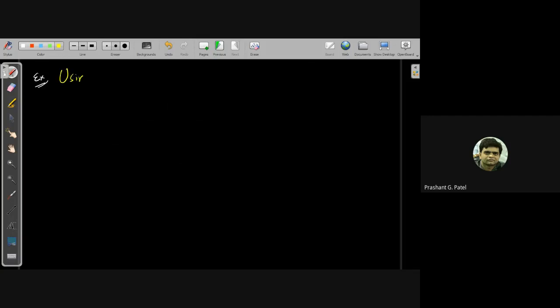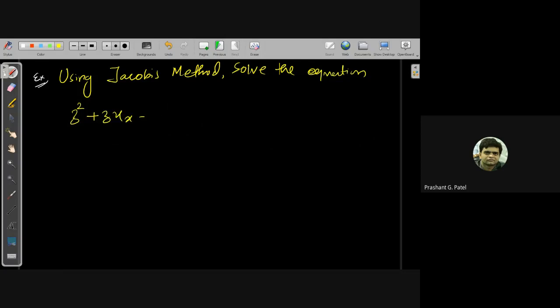Using Jacobi's method, solve the equation z square plus z ux minus ux square minus uy square equal to 0.